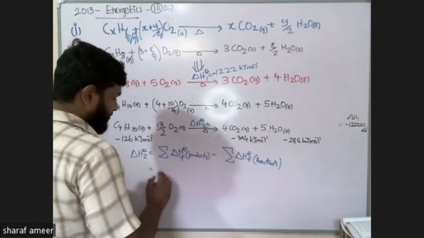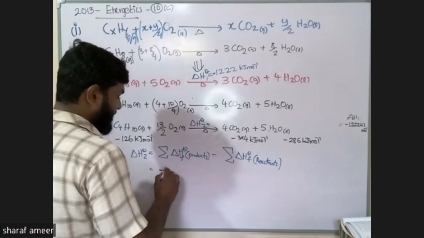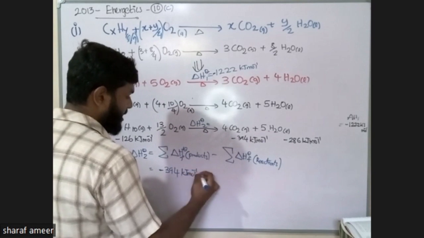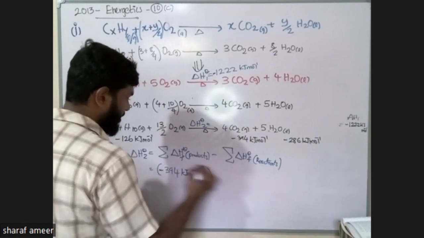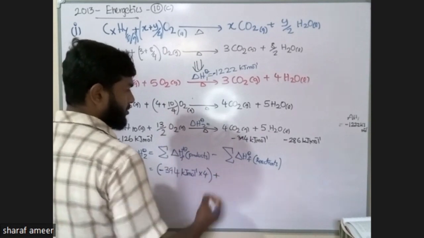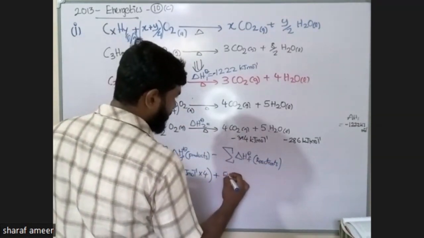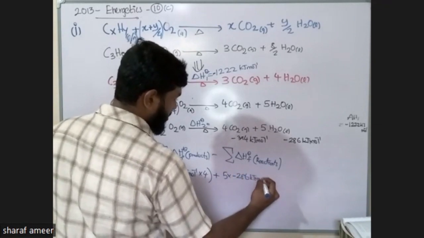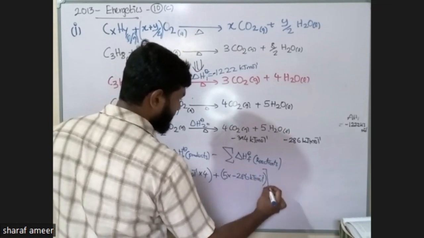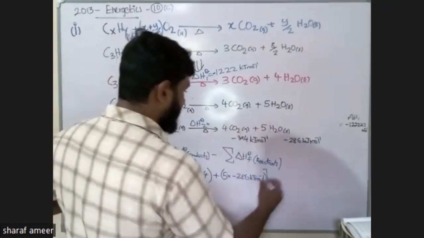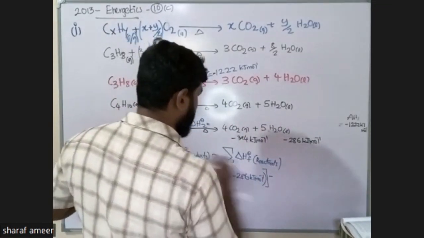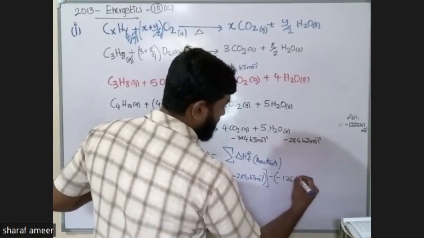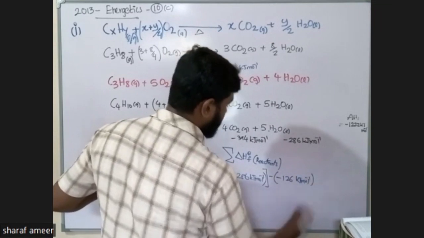So minus 394 kilojoule mole minus 1 into 4, plus 5 into minus 286 kilojoule mole minus 1, the big bracket, minus bracket minus 126 kilojoule mole minus 1.